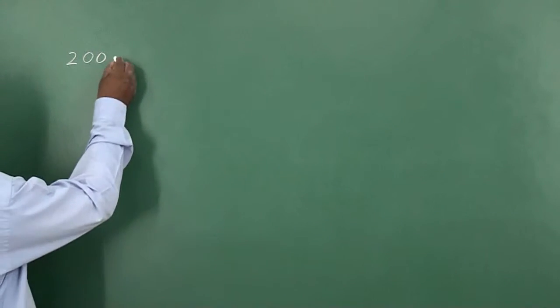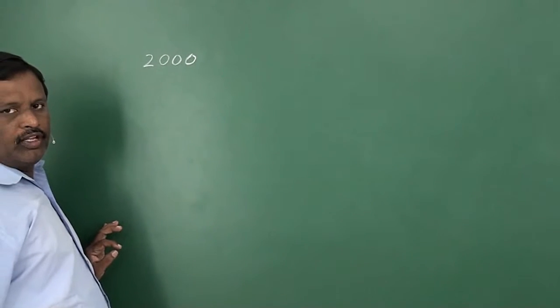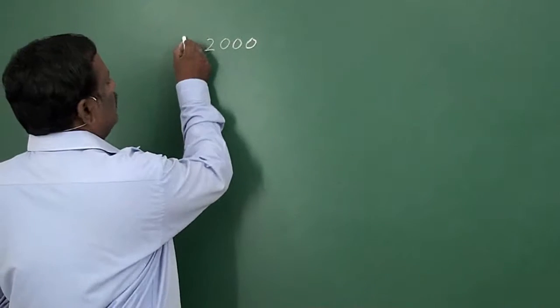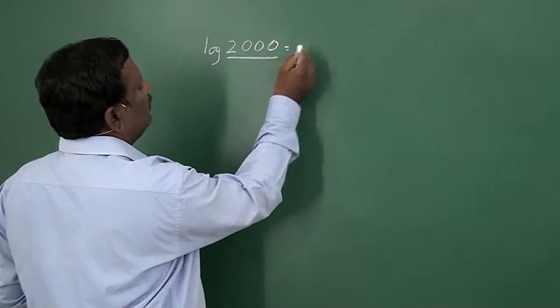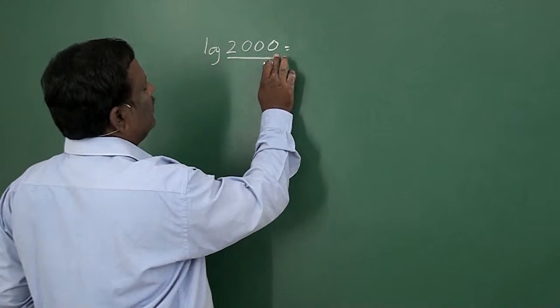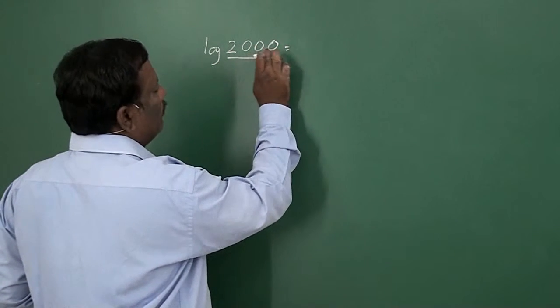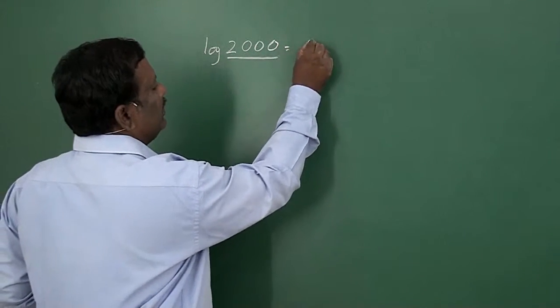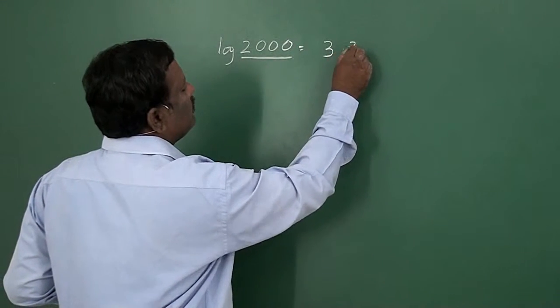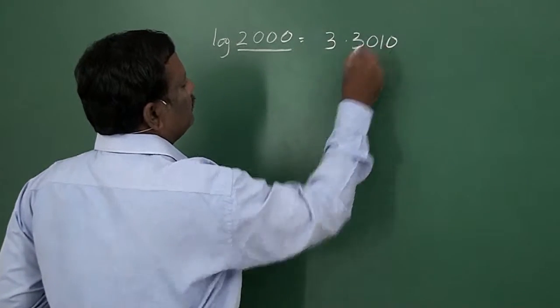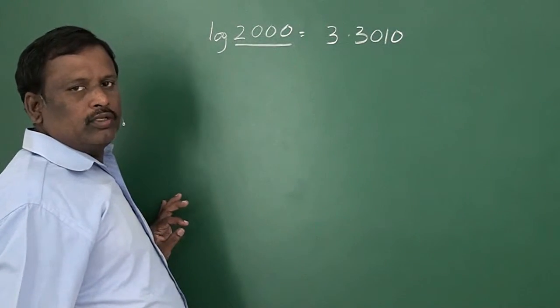If the number is 2000, log 2000 is a 4-digit number, so the characteristic will be 3: 4 minus 1 is 3, and 20 against 0 is 3010.